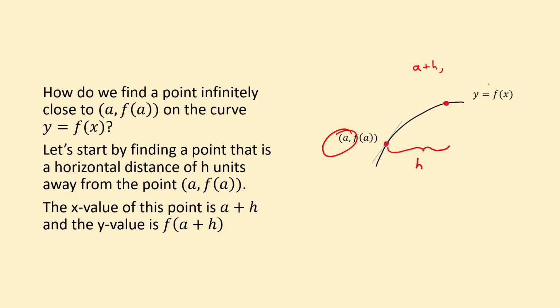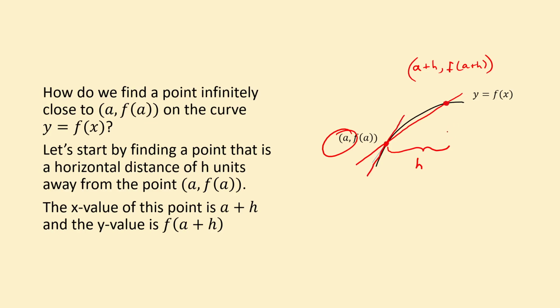And since it's on the curve y equals f of x, the y coordinate of that second point will be f of a plus h. And we're going to find the slope of that line and say that it's a rough approximation of the slope of the line that we're looking for. Again, not a great job by that diagram, but limits will help us.